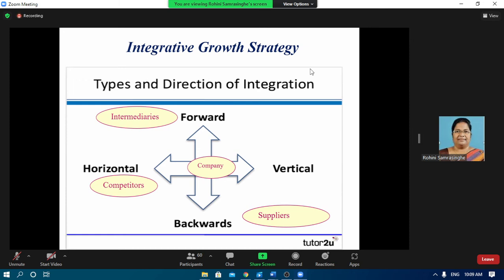Can you remember different examples, right? When we compare the different horizontal, forward and backward integration, you can provide three examples. Anybody ready to provide some examples? Maybe Cargill's acquired Kotmale, very good, right? So then Cargill's acquired Kotmale.